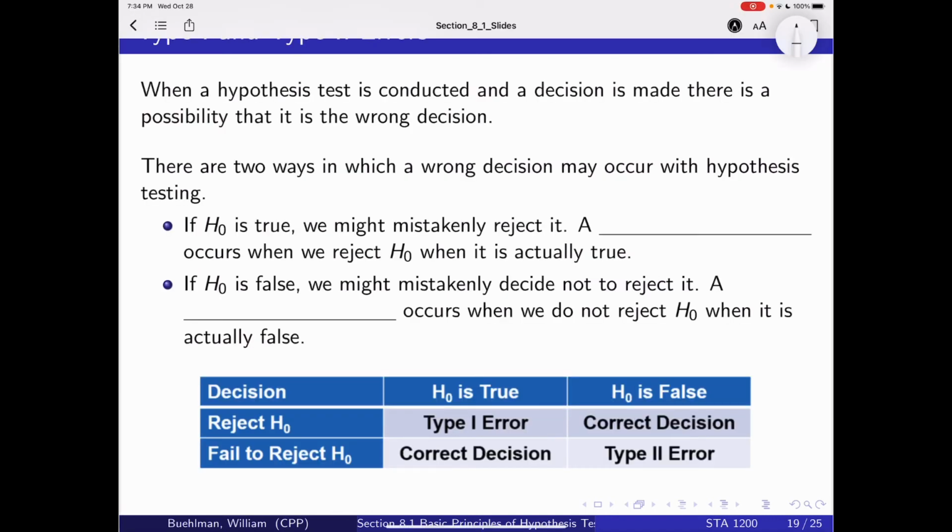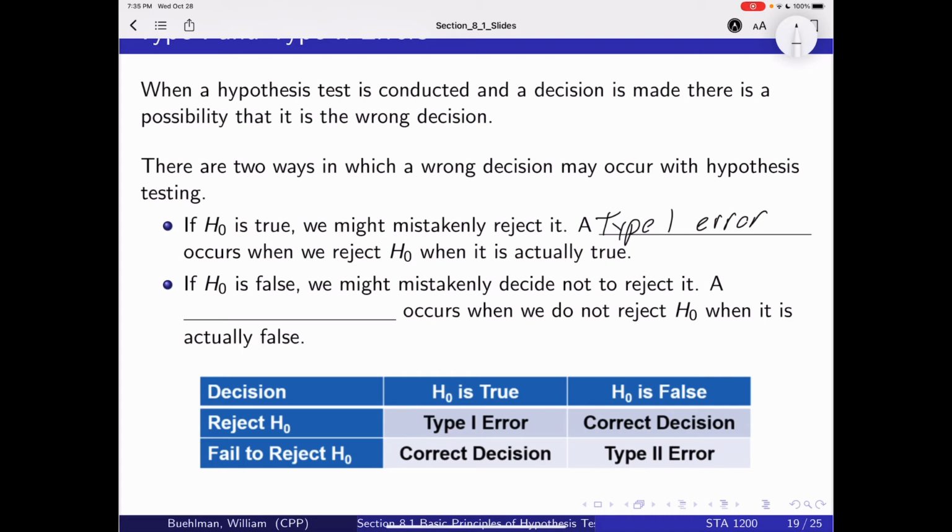When a hypothesis test is conducted and a decision is made, there is a possibility that it is the wrong decision. There are two ways in which a wrong decision may occur with hypothesis testing. If the null hypothesis is true, we might mistakenly reject it. A type 1 error occurs when we reject the null hypothesis and it's actually true.